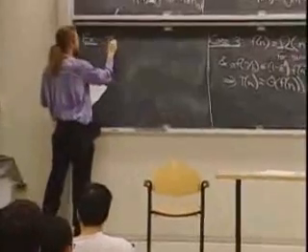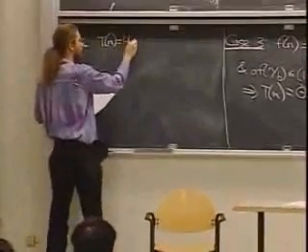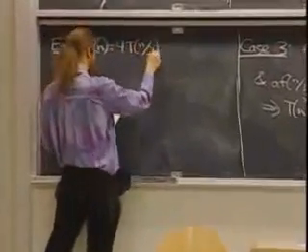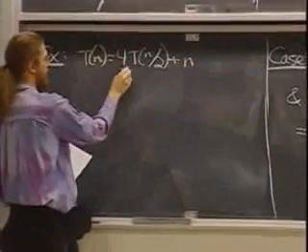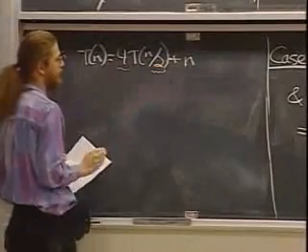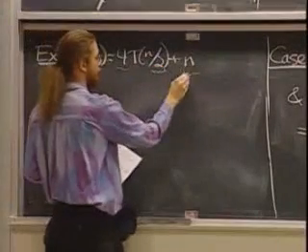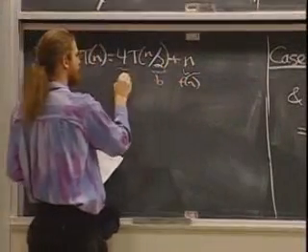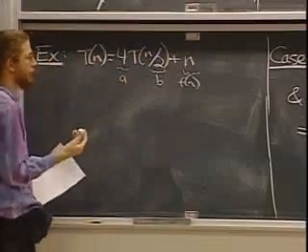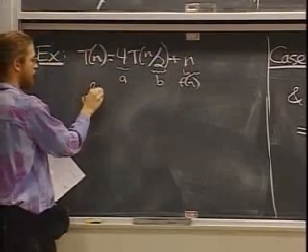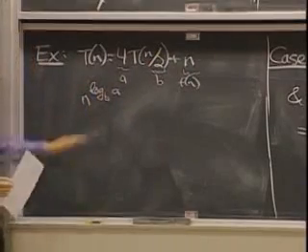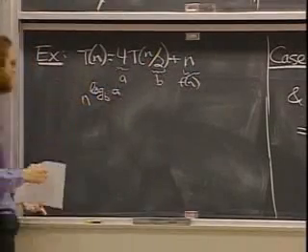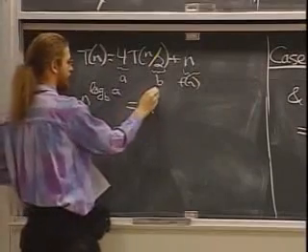So, for example, we could take T of n is 4 times T of n over 2 plus n. This is a, this is b, this is f of n. So the first thing we should compute is n to the log base b of a. This, I think, even I can do. Log base 2 of 4. Yeah, log base 2 I can do. This is n squared.